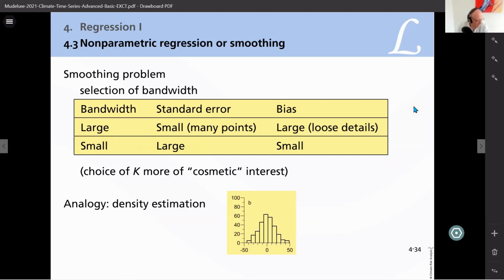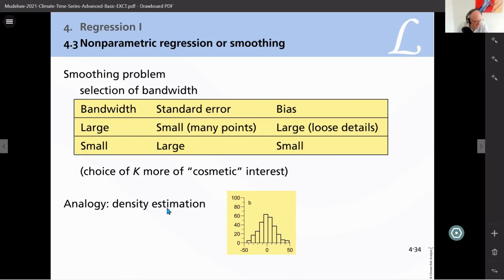And therefore, the smoothing problem is a trade-off problem between bias and standard error. A large bandwidth means a large bias but a small standard error, and the other way around. The choice which function to take, uniform or Gaussian, is more of cosmetic interest. Not unimportant, but this is a fundamental problem.